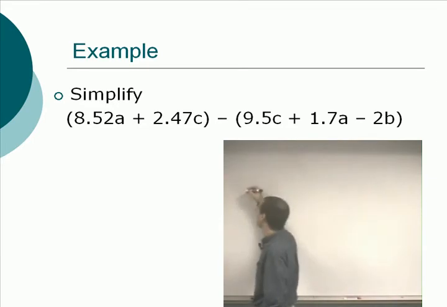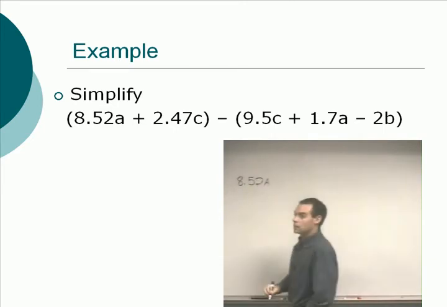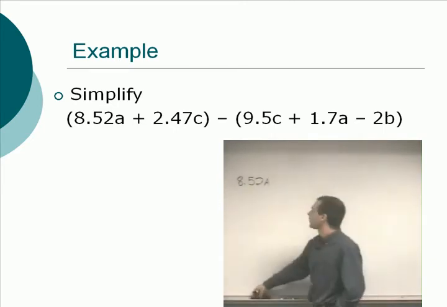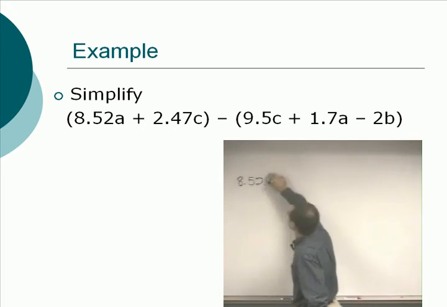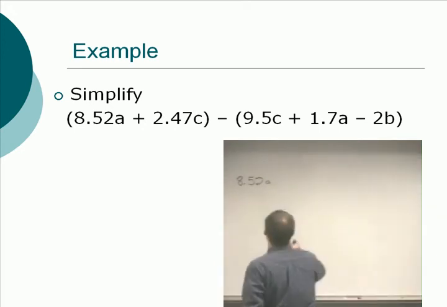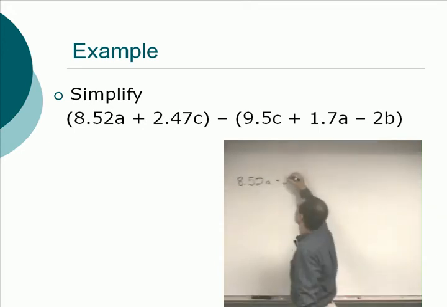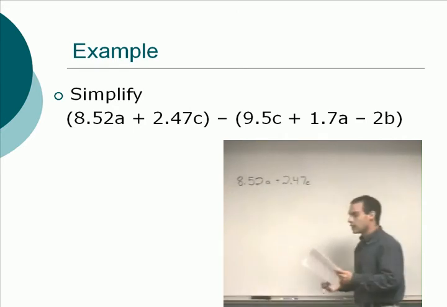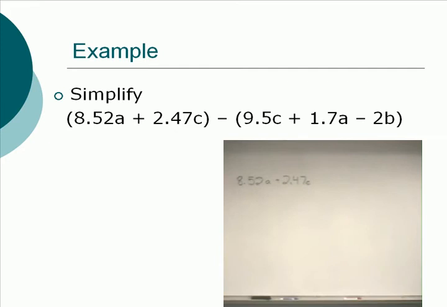So we have 8.52a. Whoops, lowercase a, my mistake. Plus 2.47c. Now we need to distribute that negative sign across everything inside. It's like multiplying by negative 1.